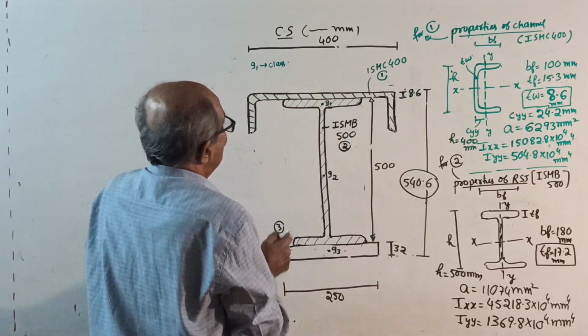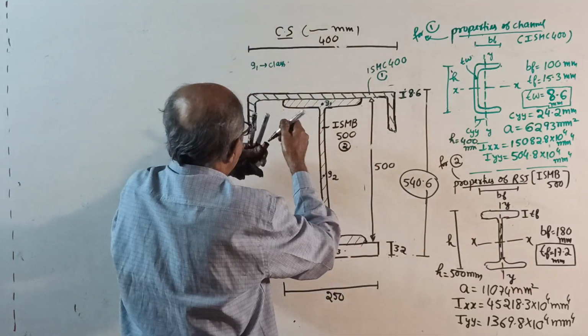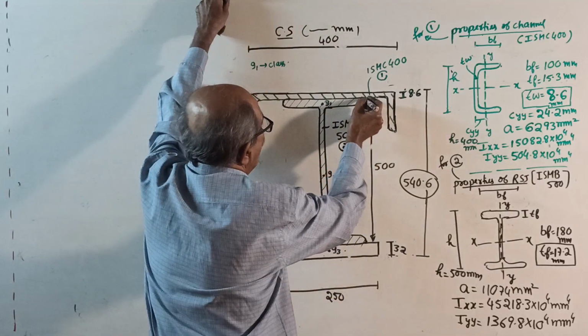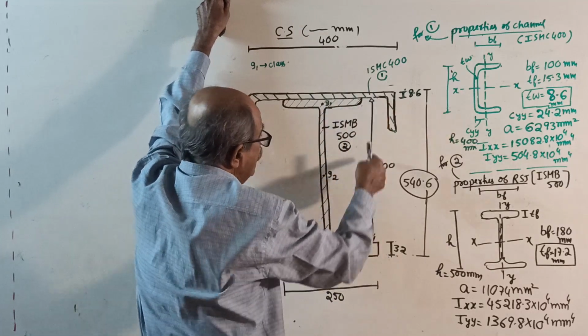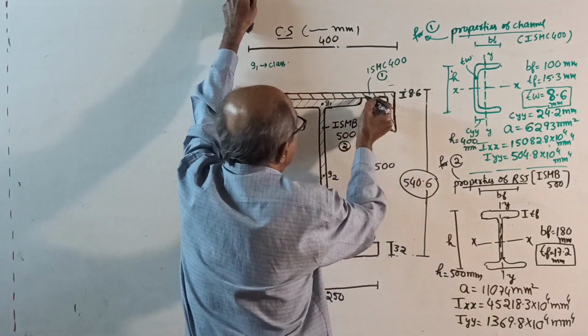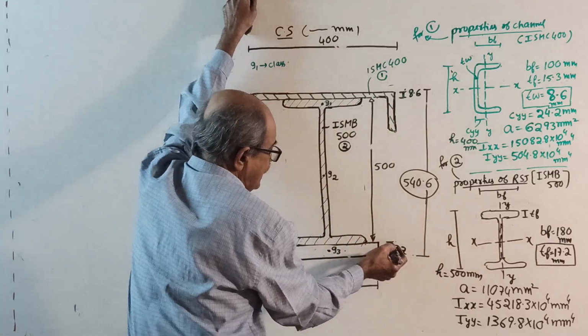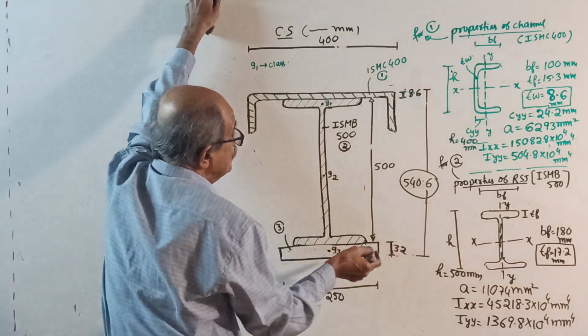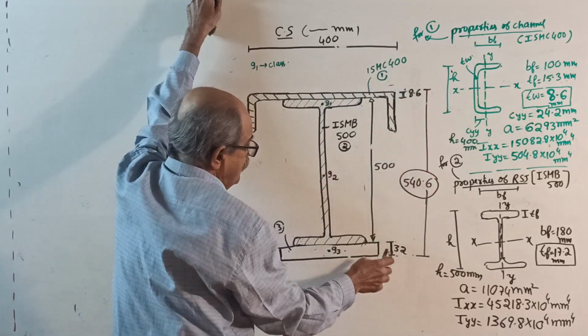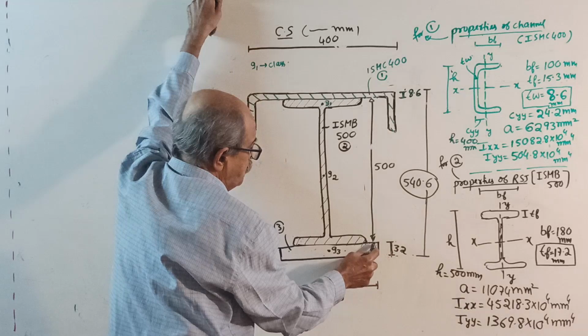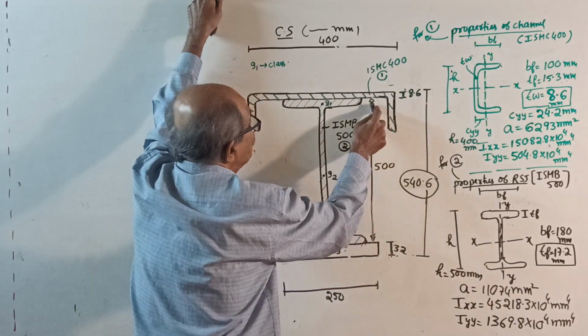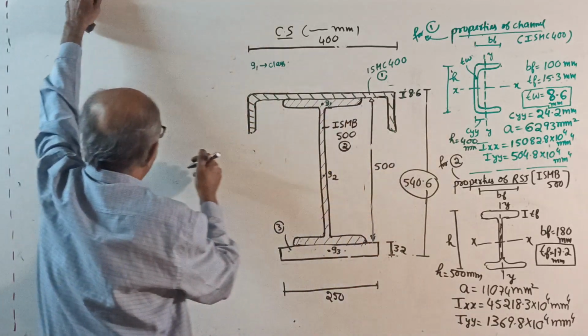Okay, then the I section, from here, top edge to bottom edge, full depth is 500. That is from here to here is 500. Plate is 32, width 250. So the overall depth will be 32 plus 500 plus 8.6. You make a note here.